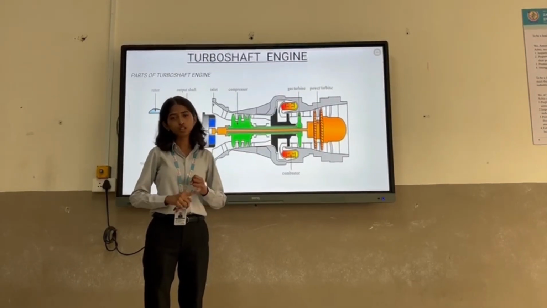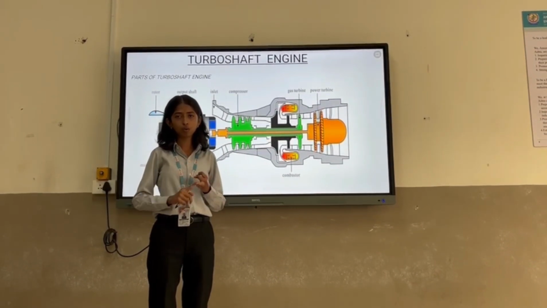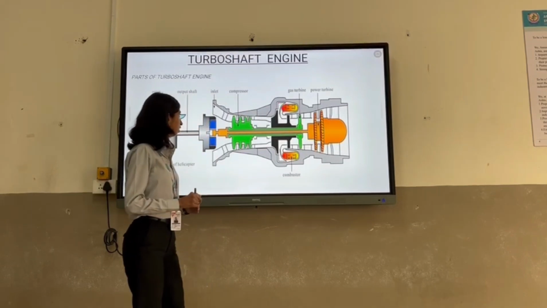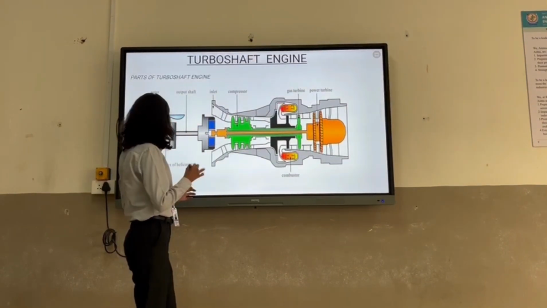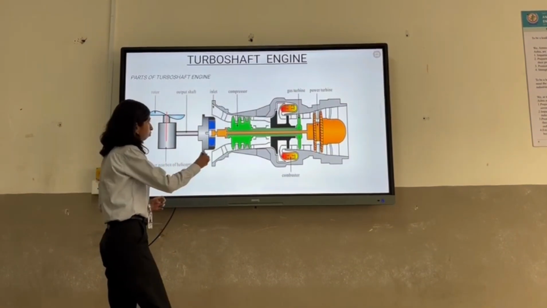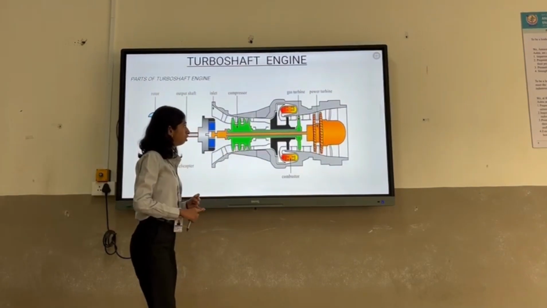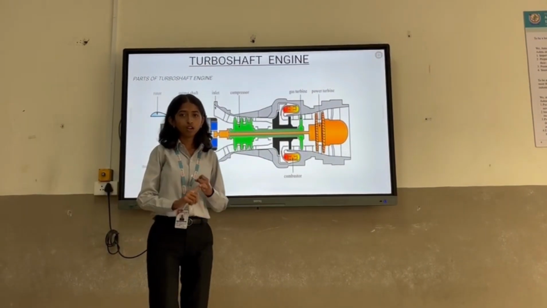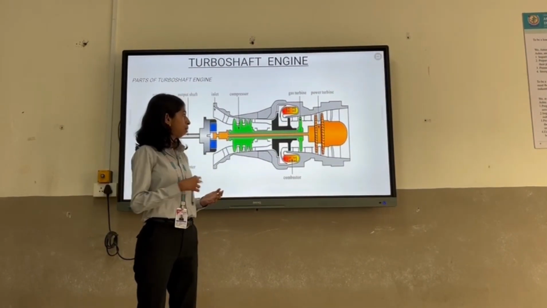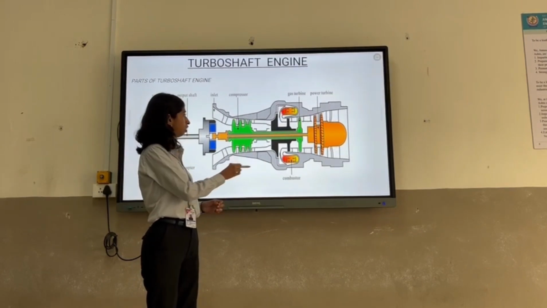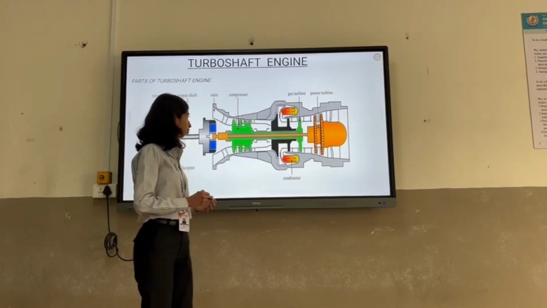The first one is the gas generator and the second one is the power section. The gas generator section contains the compressor and the combustion chamber, and the power section contains the free turbine and a gearbox.